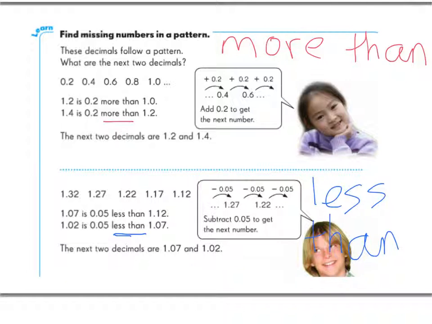That means we'll get 1 7 hundredths, which is what we see right here. 1 7 hundredths is 5 hundredths less than 1 12 hundredths. And if we subtract 5 hundredths again from 1 7 hundredths, we'll get 1 2 hundredths. So the next two decimals in the pattern are 1 7 hundredths and then 1 2 hundredths.